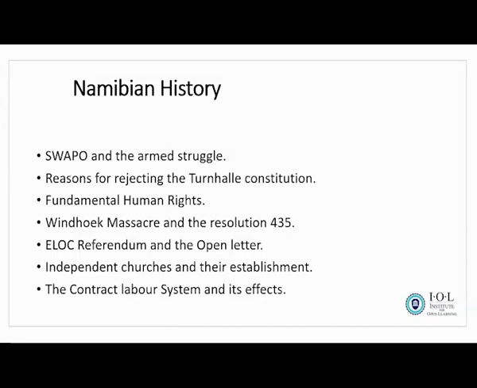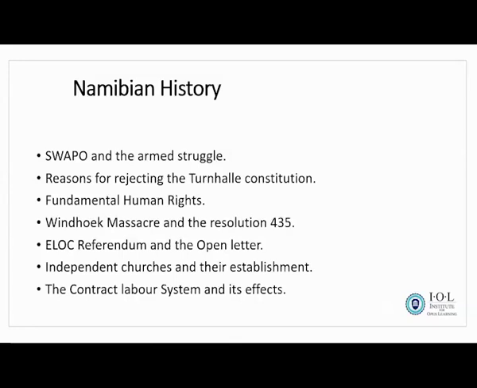Here I would like you to know the difference between armed struggle and liberation struggle. An armed struggle is when SWAPO decided to take up arms. So what are the reasons for SWAPO taking up arms? But not liberation. Take note of that. There's a difference between liberation and armed struggle.